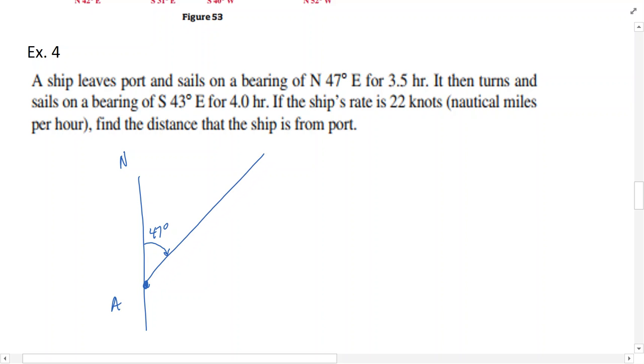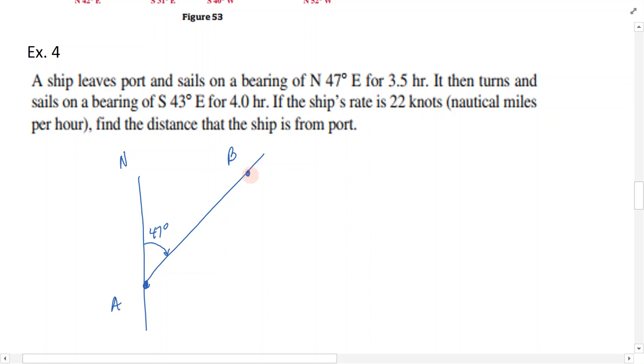That's where it's going. It then turns, so it went some distance here. I don't know really how far it went, but it stops here. We're going to call this point B. It stops here and it turns and sails on a bearing south 43 degrees east.